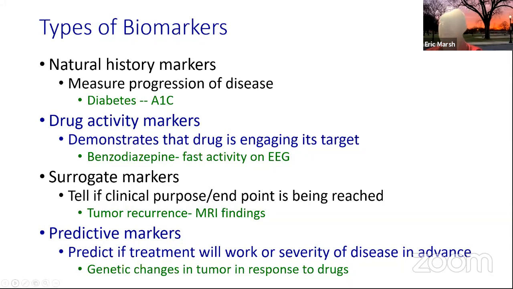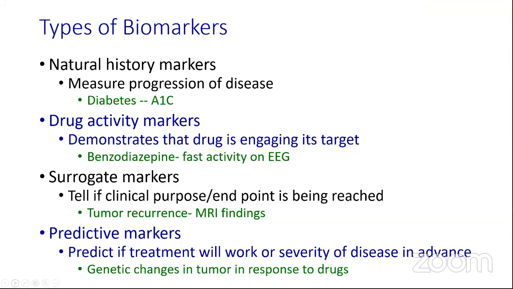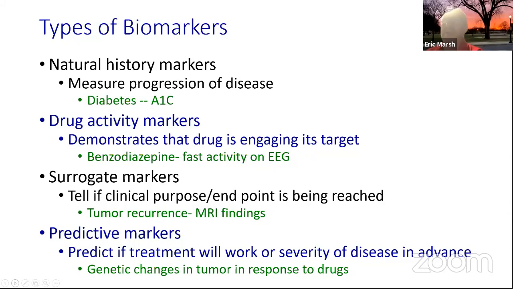Another example is there are markers for response to the blood thinner Coumadin. If you have a particular marker, you're not going to respond to Coumadin, or you'll need a really high dose of Coumadin.